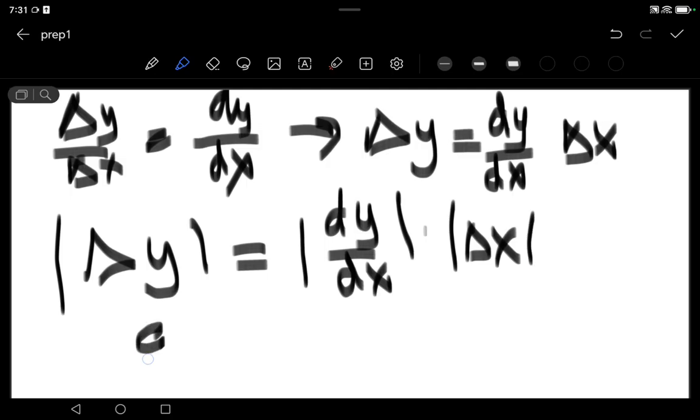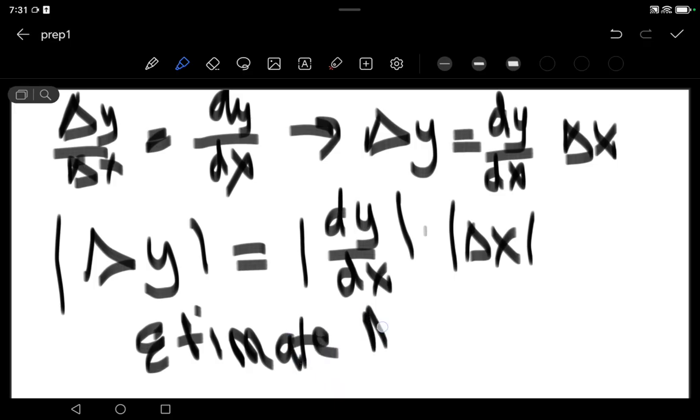So when they ask you to estimate the maximum error in the function, we use this formula: change in y equals dy over dx change in x. They're going to give you the value of x and the absolute error.